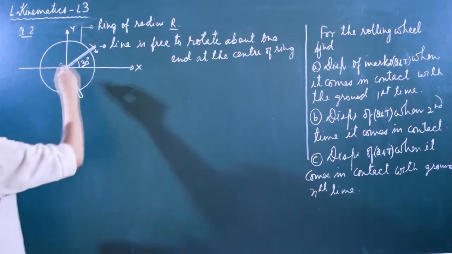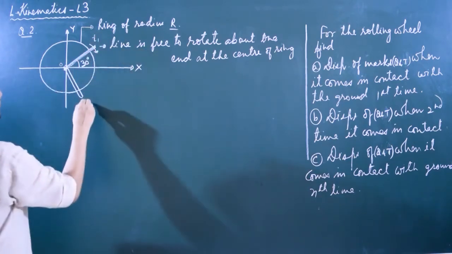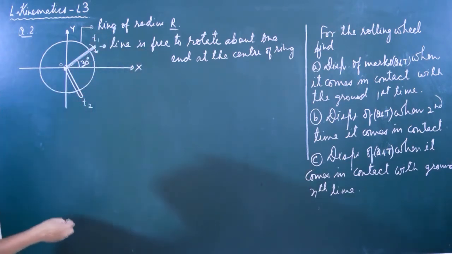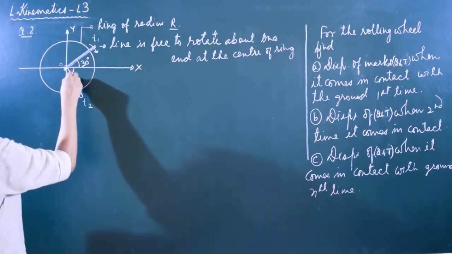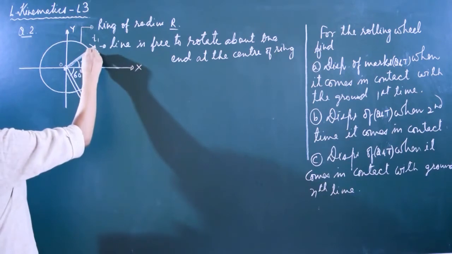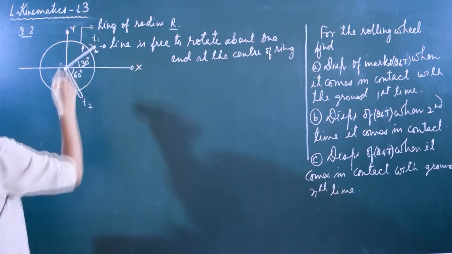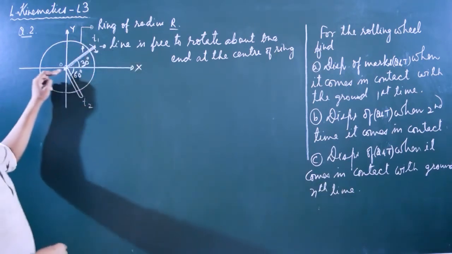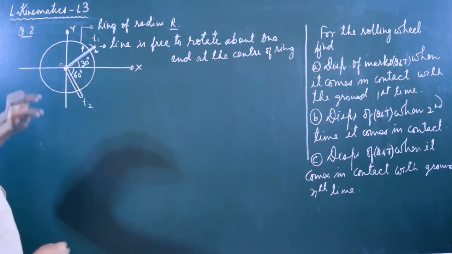This one is the final position. It is T1 and it is T2. This angle we have given is 60 degrees. This one is the intersection point P, the intersection point of the line and the ring.